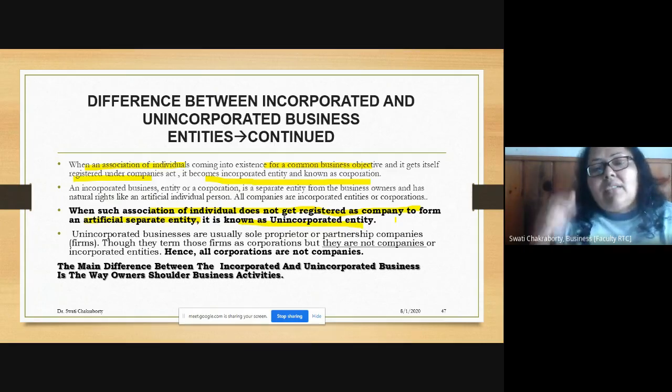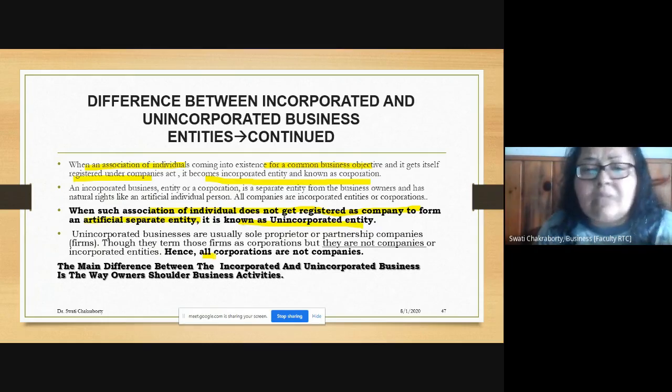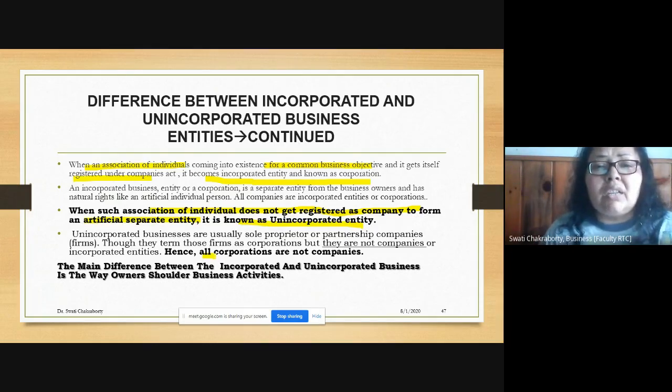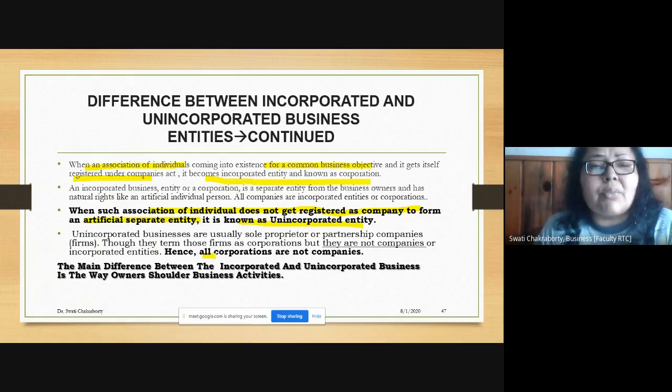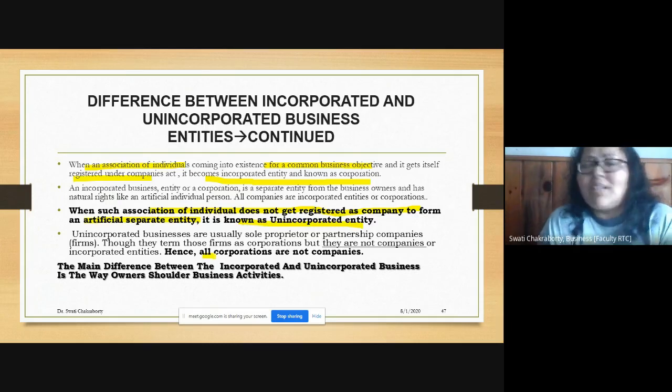Sometimes we talk of unincorporated businesses, like sole proprietorships and partnership companies, as companies or corporations.